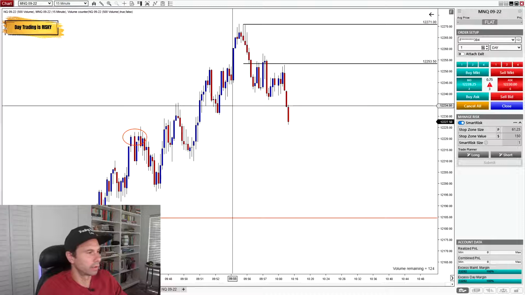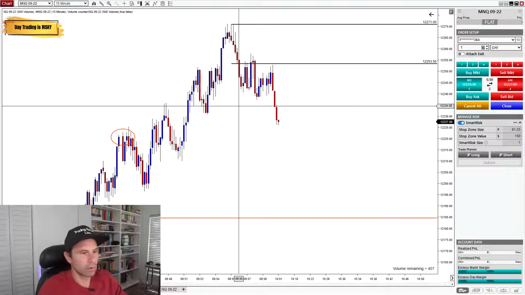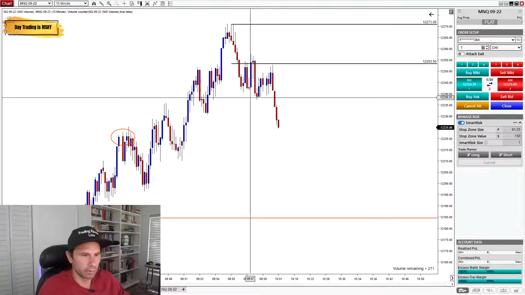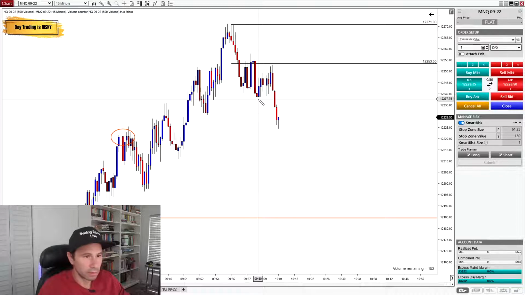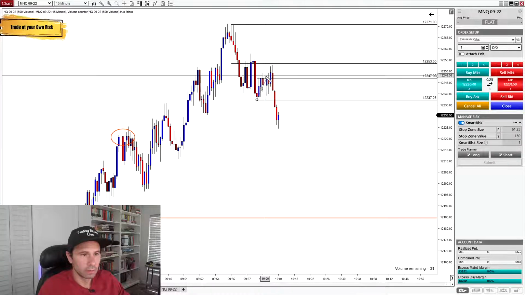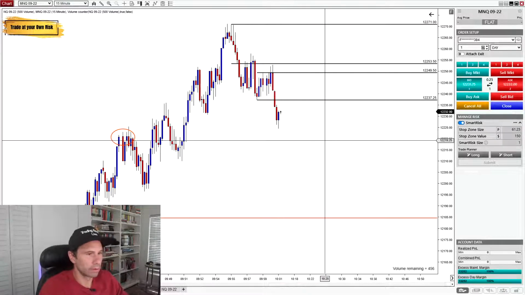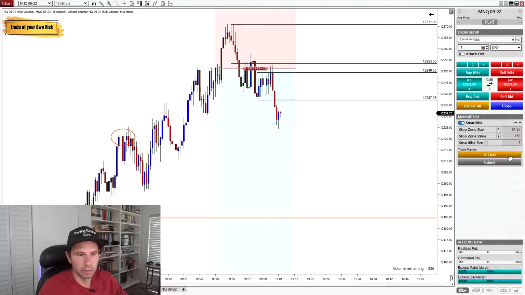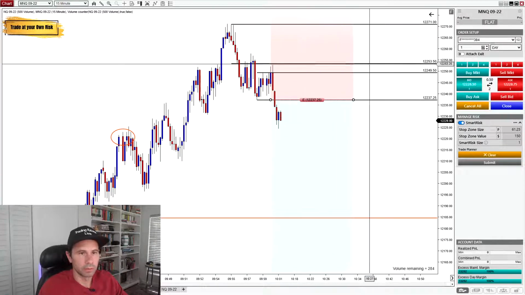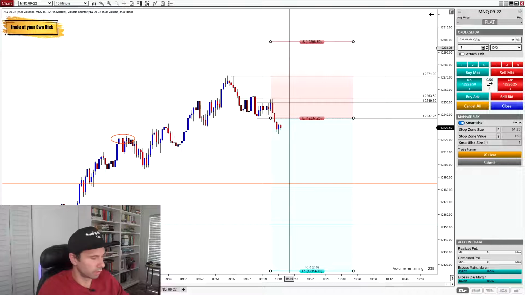All right, now that we're breaking down, I want to see if I can take this thing here and try to jump into this short. The dollar is going back up.